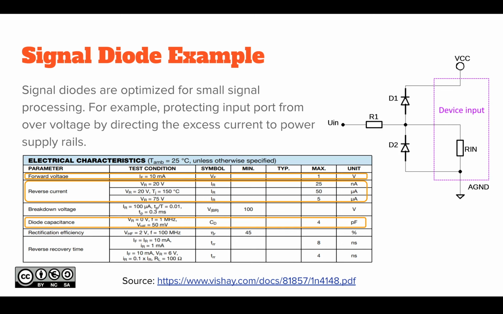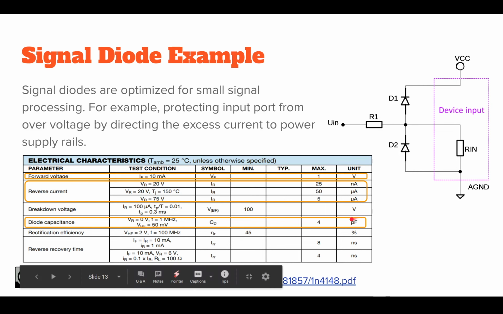The trick is to keep the smoke inside of that capsule. If you let the smoke get away, then the device is done. Okay, the diode has some capacitance, 4 picofarads. Doesn't sound like much, but in high speed, this is a lot. Okay, and some other small things here.